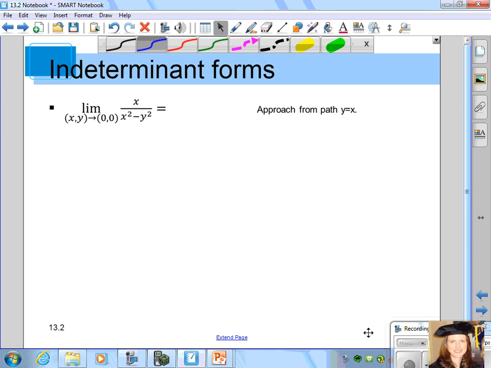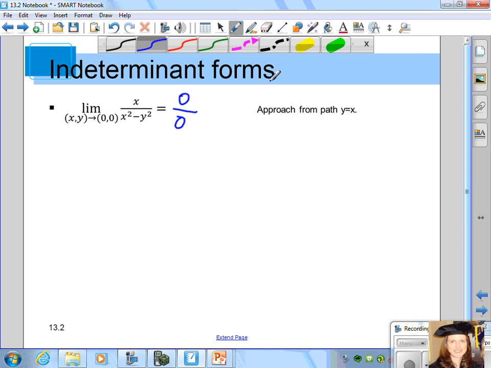For this one, we want to find the limit as (x, y) approaches (0, 0) of x over x squared minus y squared. When we plug in 0 for x and 0 for y, we get a 0 in the numerator and a 0 in the denominator. This is an indeterminate form, meaning you cannot determine the limit simply by plugging in the numbers. So you have to look at this in other ways.